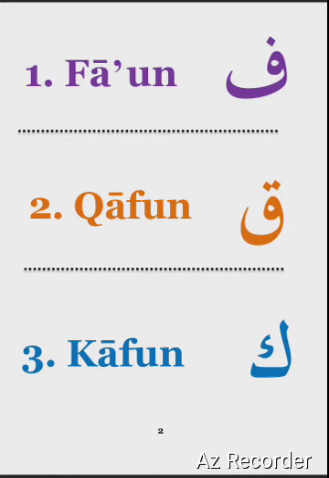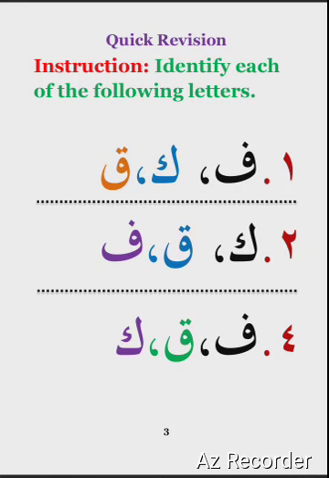Now the quick revision. So try as much as you can to identify each of the following letters. Wahid, number 1. So the first letter from the first line is Fa'un. Remember, Fa'un and Qafun share the same shape.